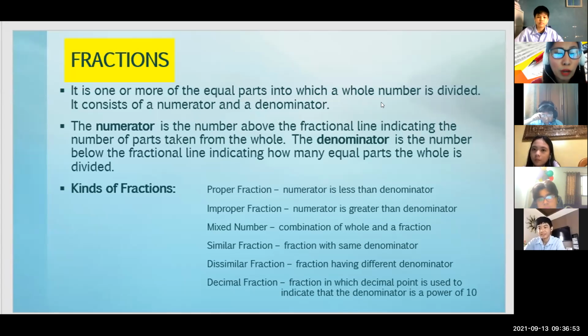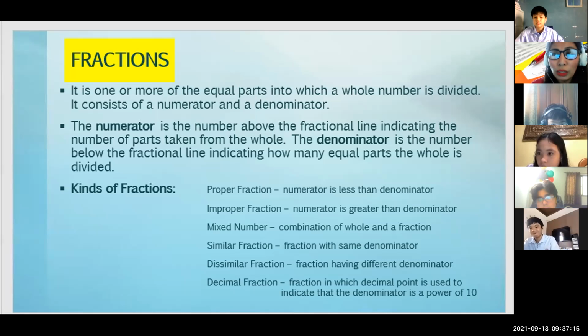Not the whole object, but only a part. Part only of a whole, meaning we will not take it all. We will only get a part of it. That's why it is called fraction.